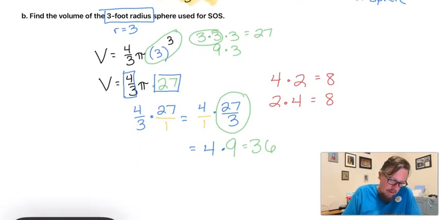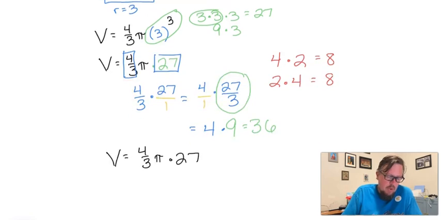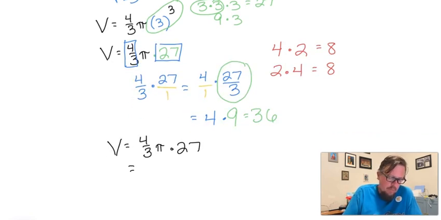Okay, so my volume problem was 4 thirds times pi times 27. We then did this in a different order. We did 4 thirds times 27 times pi.